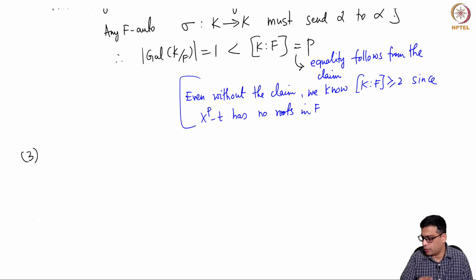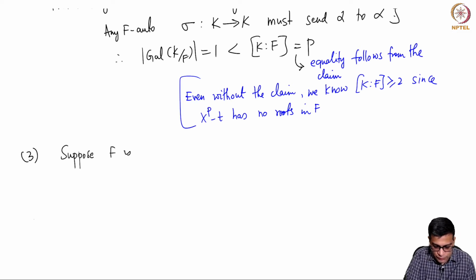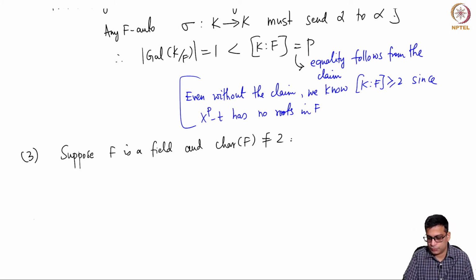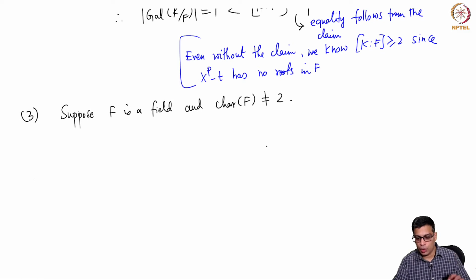This is a nice statement, and this is something we will see more generally later. So suppose F is a field, and suppose the characteristic of F is not 2. Okay, so F is any field, all we are assuming is that its characteristic is different from 2.